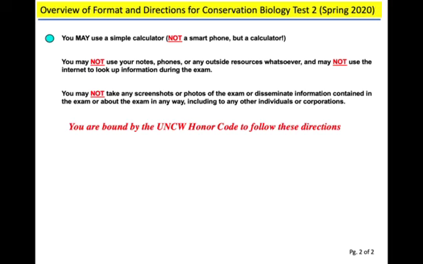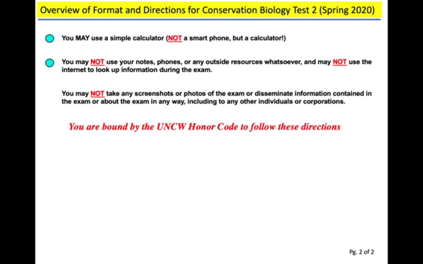You will not necessarily need a calculator. The only calculations that you're going to have to do are ones that I would expect you could figure out without a calculator. But I realize that some of you would feel a lot more comfortable having a calculator, and so you can do that.